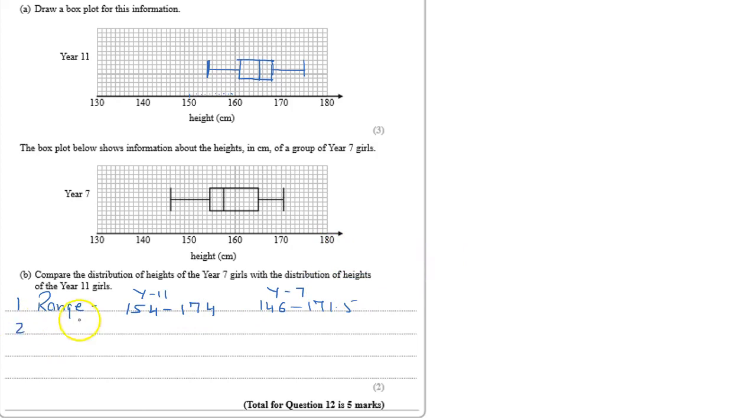Number 2, the median. Here the median is, this is 160, 159, 158, 157.5, and here the median is 165.